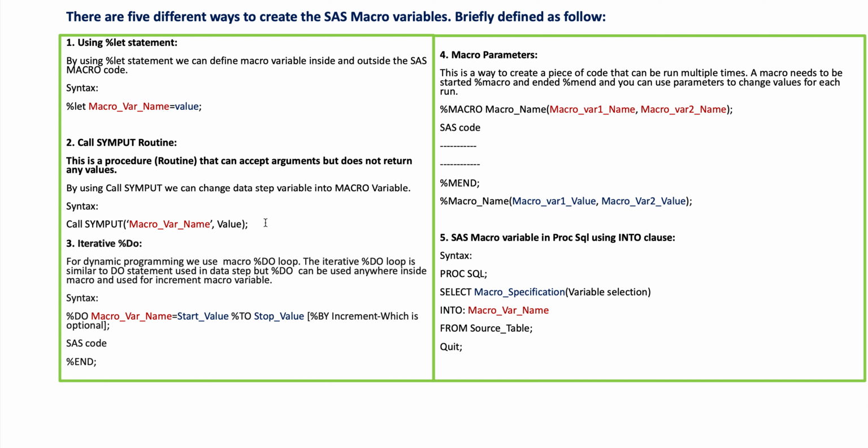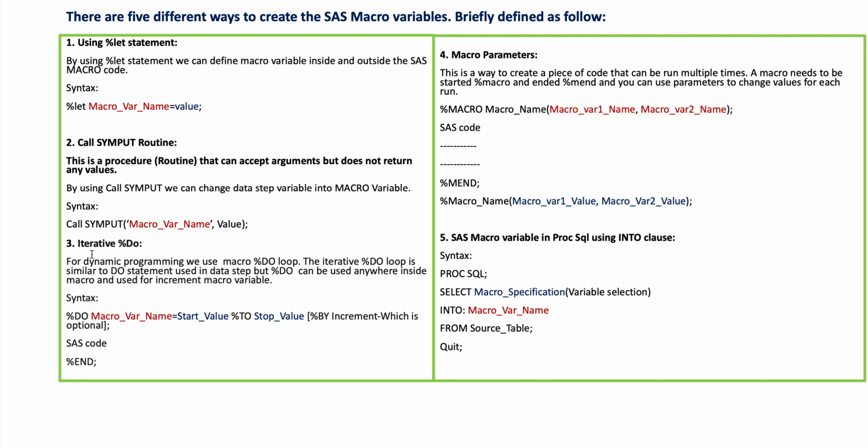Inside parentheses, we have to provide macro_var_name, that means macro variable name, which should be inside the quote, comma, and value. That means the first part is the variable name, and the second value represents the value of this macro variable.